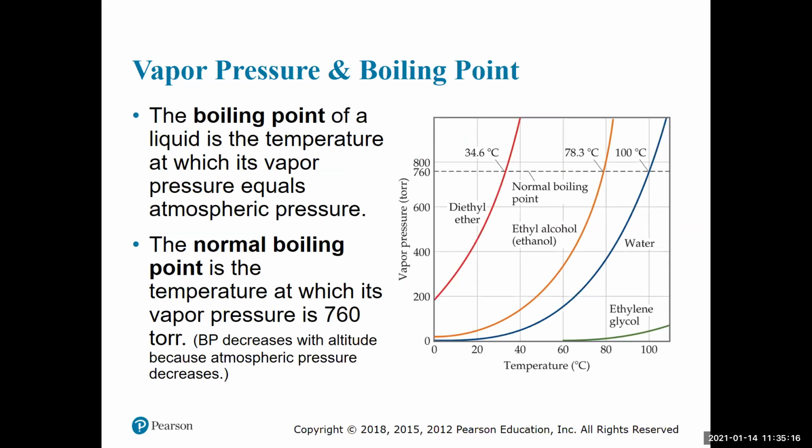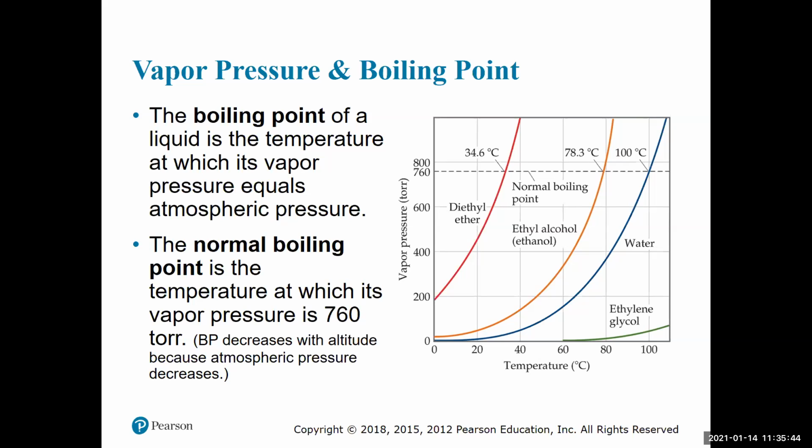Boiling point is related to vapor pressure in that the boiling point of a liquid is defined as the temperature at which the vapor pressure equals atmospheric pressure. Normally, we consider atmospheric pressure to be 760 torr or 1 atmosphere. And when we think of it in that respect, we call it the normal boiling point.